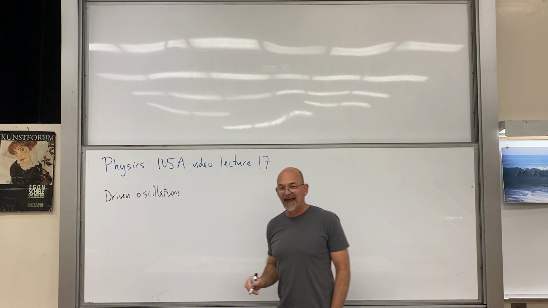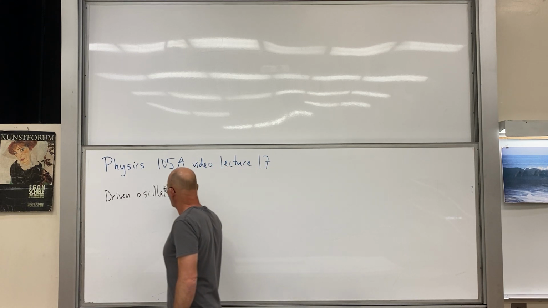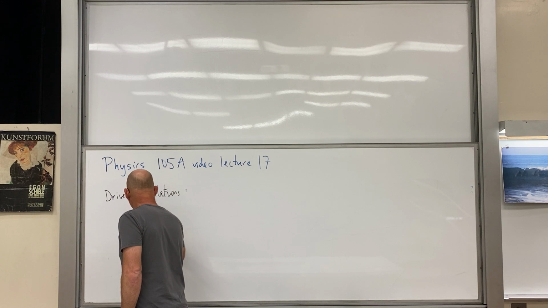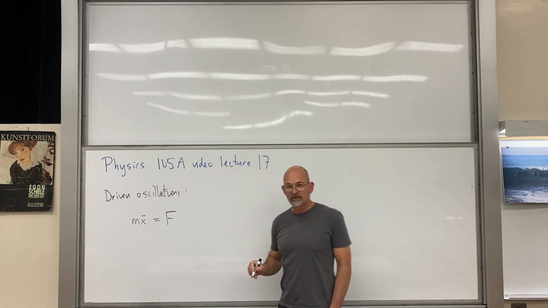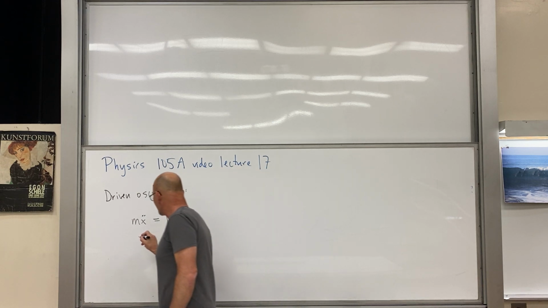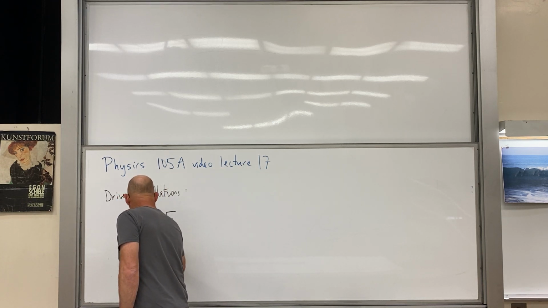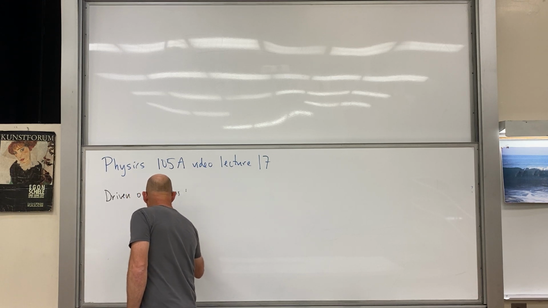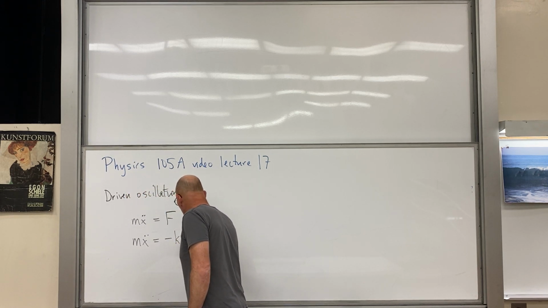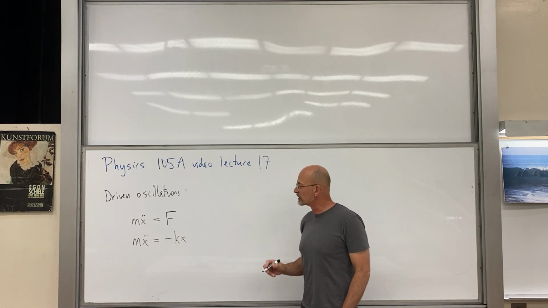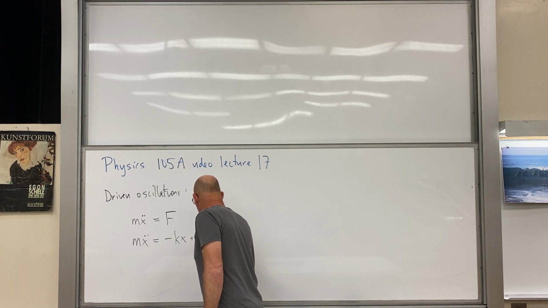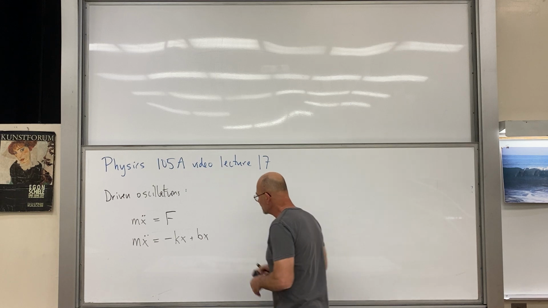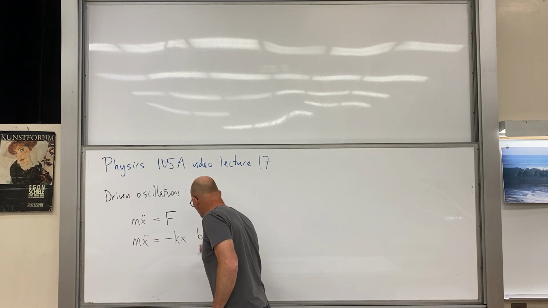Still one-dimensional mechanics, so if we write down our Newton's law and then start to fill in what we've been working on, of course we have first our linear restoring force, Hooke's law restoring force, but now we've added a damping term, and that one gets a minus sign because it opposes the direction of motion.